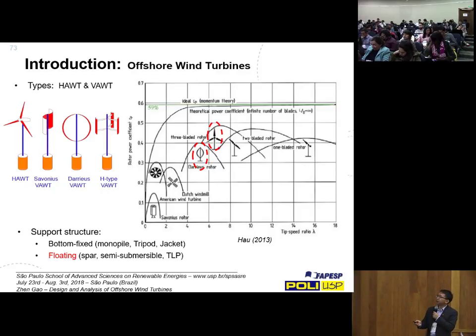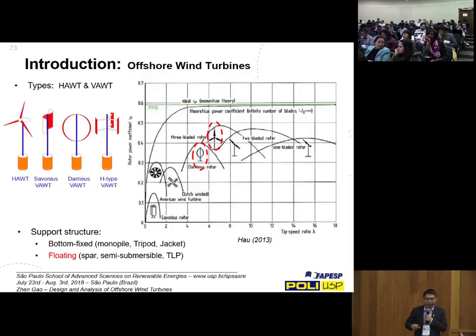Here we're showing the basic power coefficient for a given tip speed ratio, for a normal three-bladed turbine and also for the Darrieus turbine. Basically, you get less power coefficient with the vertical axis wind turbine. Another issue is that the turbine power variation is also very large.